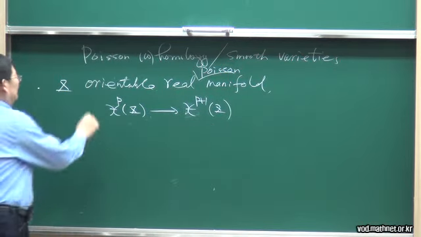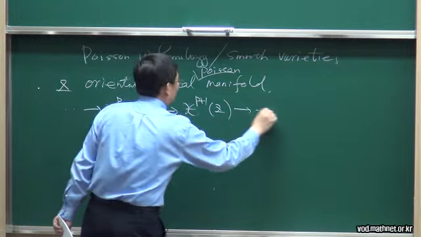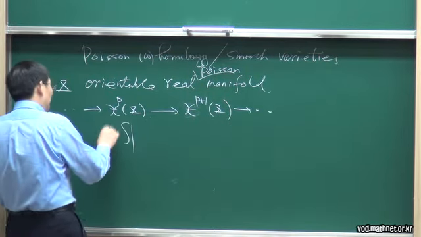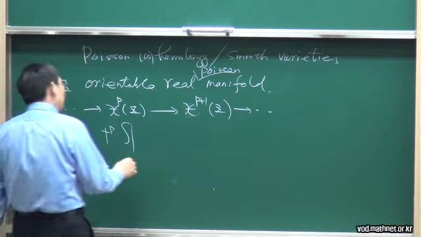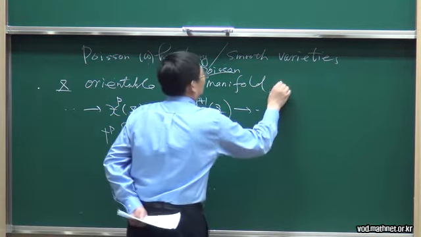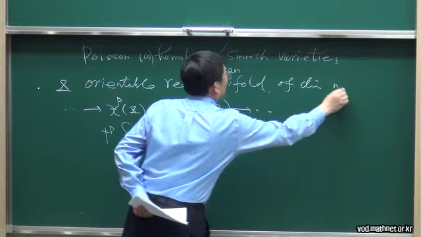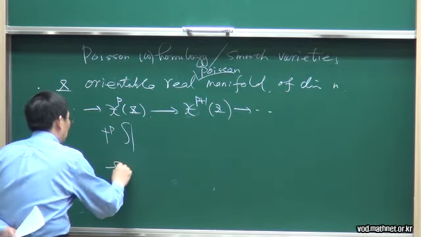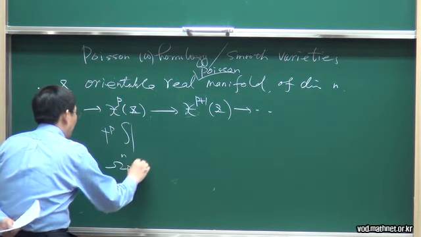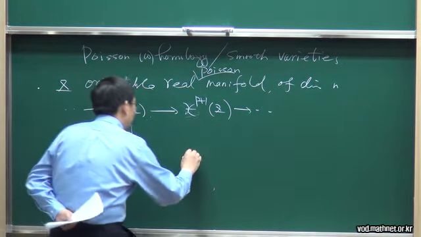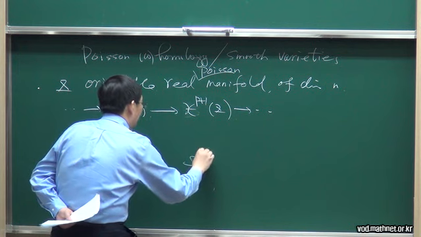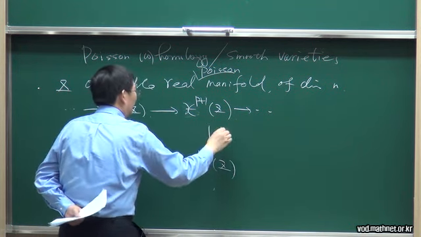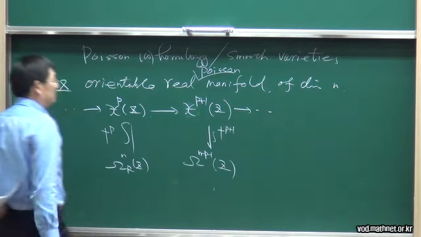And this is isomorphic to the differential forms if X is of dimension n. And we have an isomorphism here.